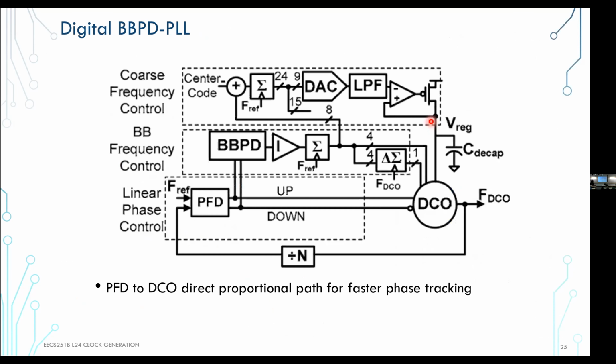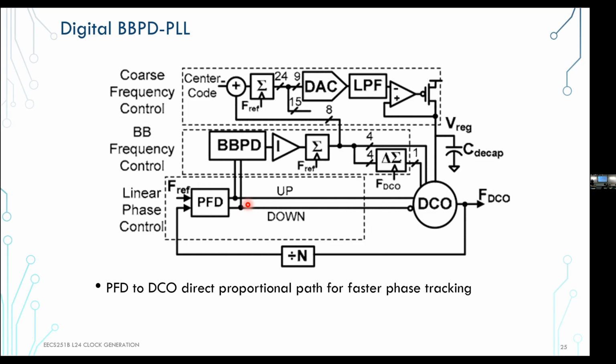Another way, which is kind of what this paper was doing, is kind of a daring thing to do. You say, look, I'm going to have my traditional linear phase frequency detector. It outputs pulses here. These pulses could be big. So when the error is big, the pulses are going to be big, right?